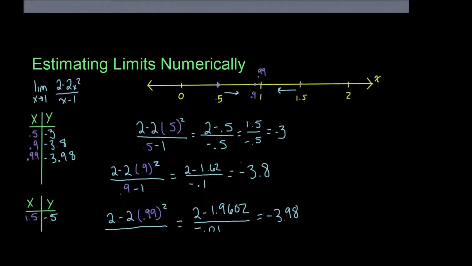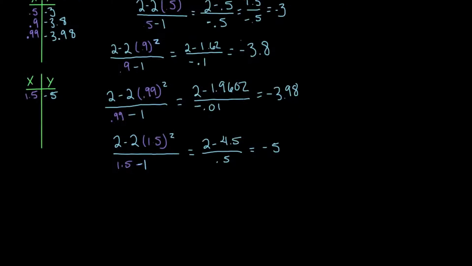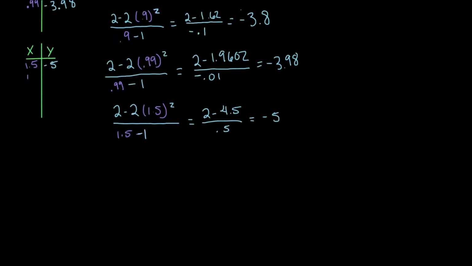So let's pick another point that gets closer to 1 from the right side. Let's get pretty close here, and pick this point 1.1. Just repeat the process again. So 2 minus 2 times our 1.1, plugging it in for that x squared, and then we have 1.1 minus 1.